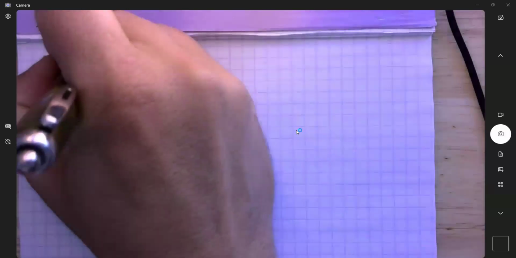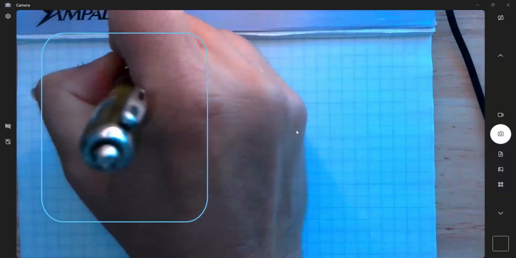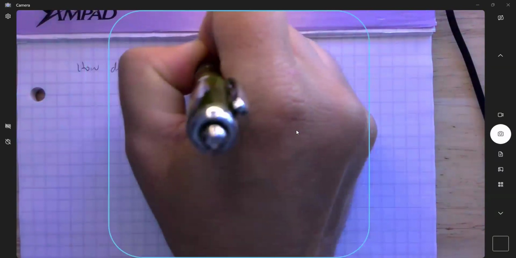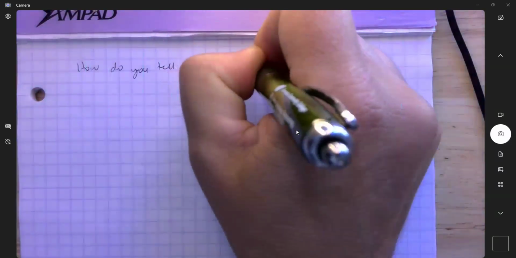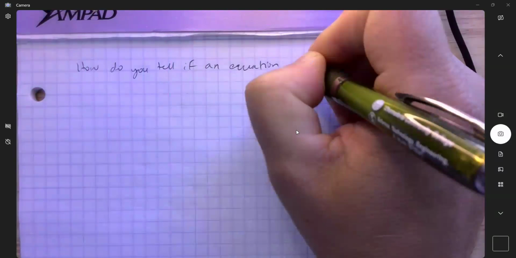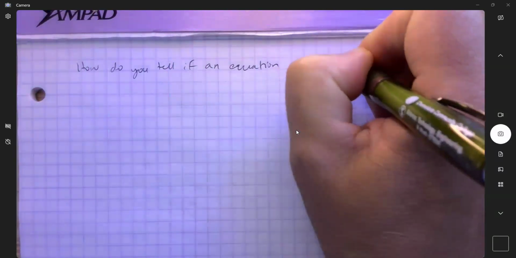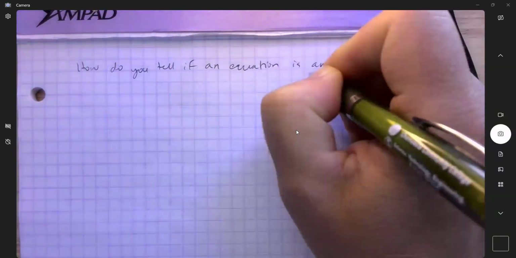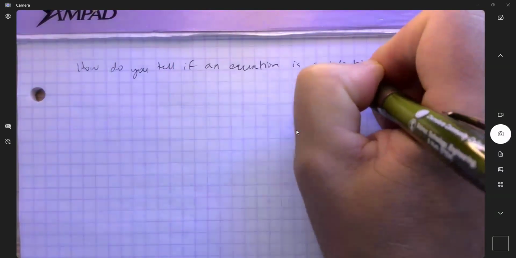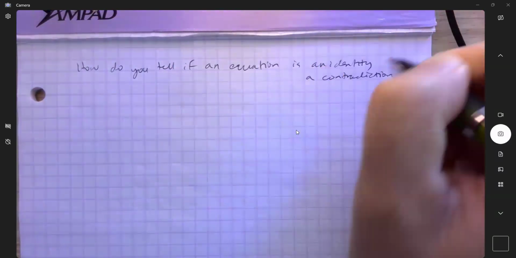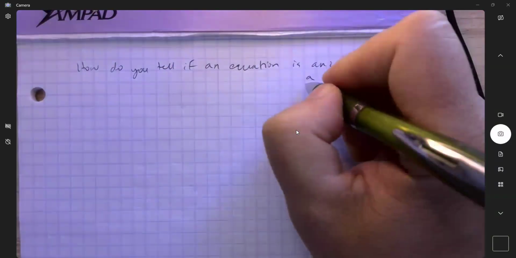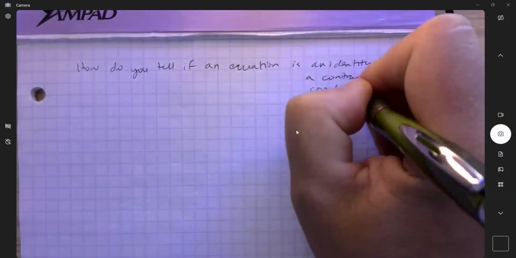How do you tell if an equation is always true, identity, always false, contradiction, or true for only certain types of values, conditional?